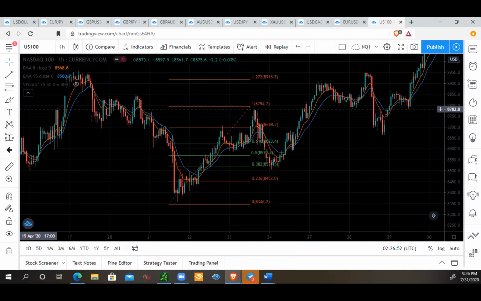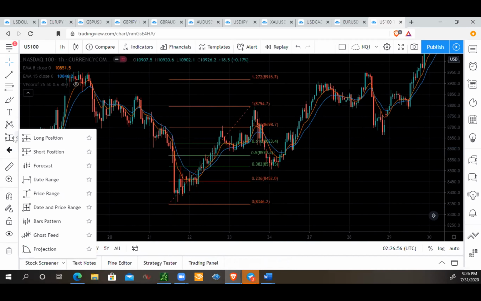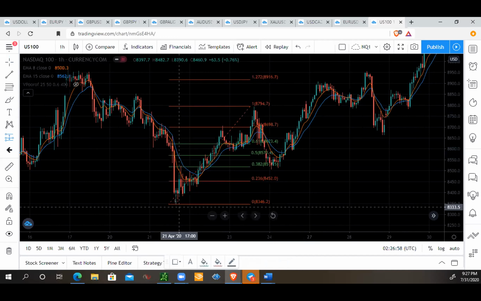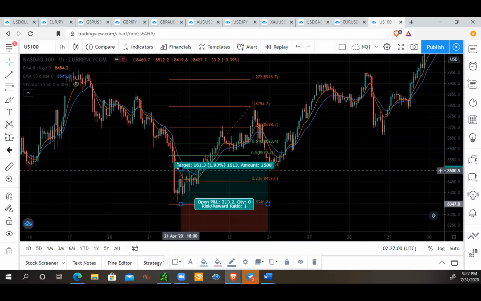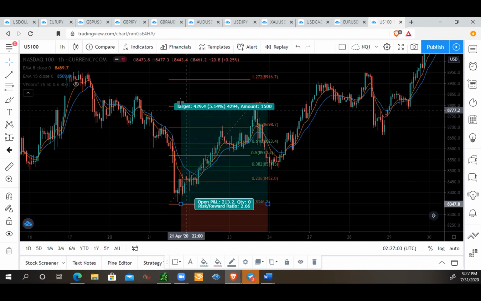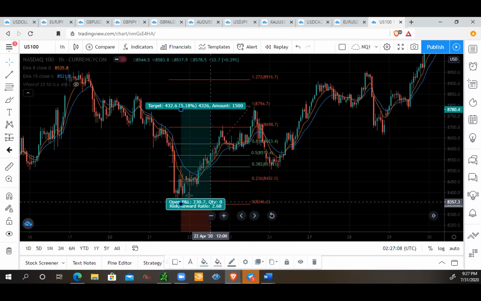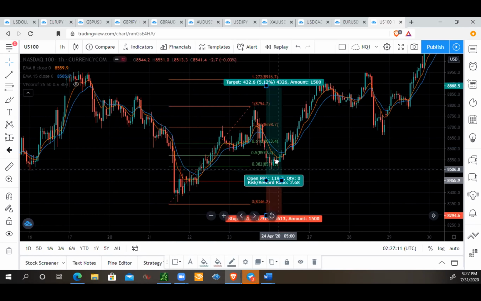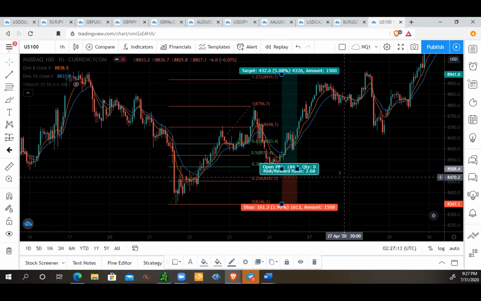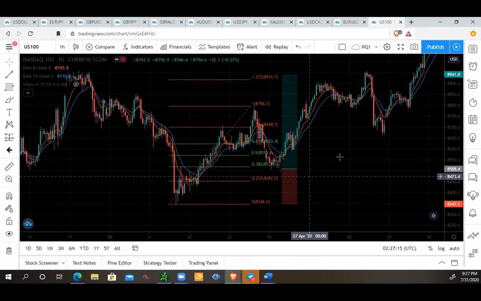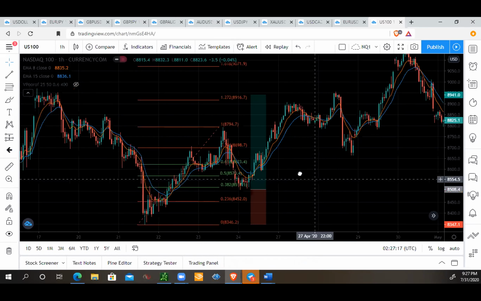38%. See, this was a long position. We're going to measure it, and we'll move it over from here where it took off. Get it about right. That's pretty close. Yep. Look, it did it.